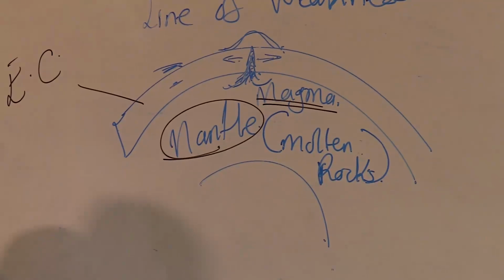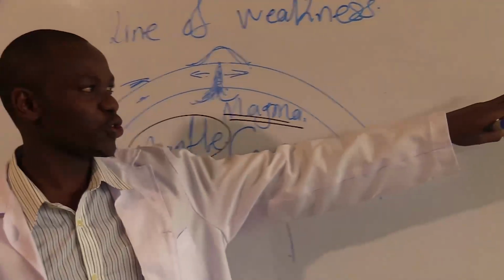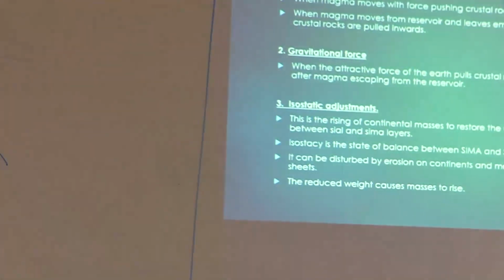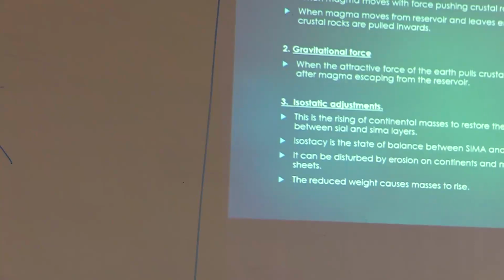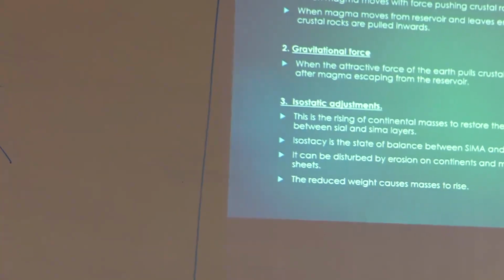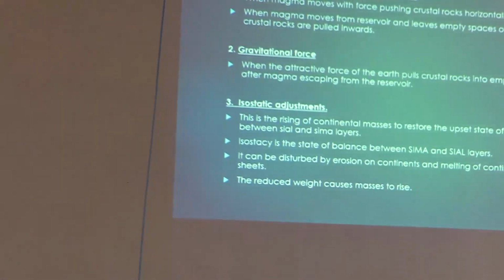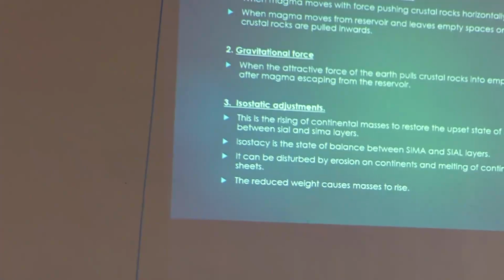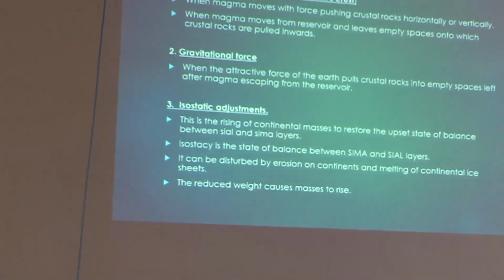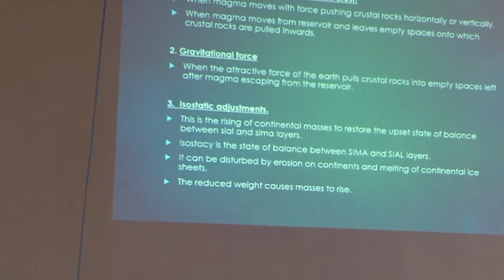And now, in the aspect of this second cause, gravitational force, and how it causes earth movements, gravitational force will only cause Earth movements when the magma which was removed to come out occupies space.